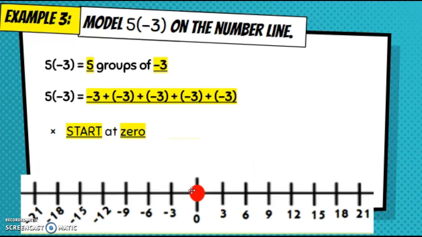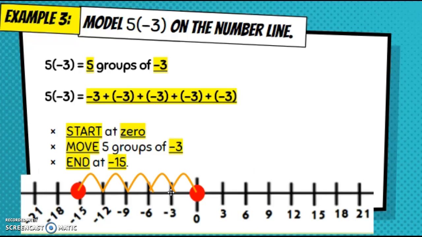But think about it. If I'm adding groups of -3, think back to how we would represent that on the number line. If you were adding a negative, you go to the left, not to the right. So in this case, I would start at 0 and move 5 groups of -3.